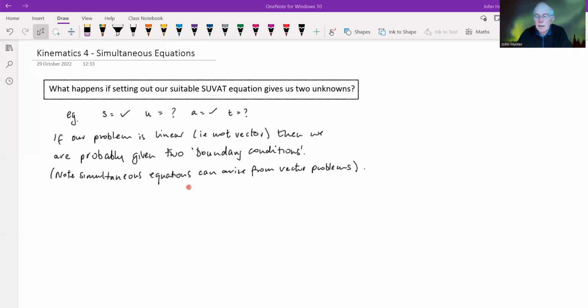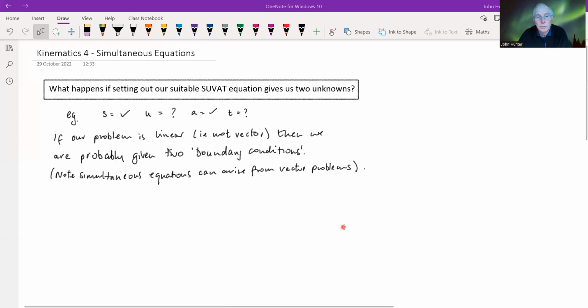What characterizes A-level, the corresponding thing, is the ability to formulate simultaneous equations. And that goes right through not only kinematics, but also mechanics in general, and really through all of pure and applied. So you'll see that sort of thing cropping up all the way through.